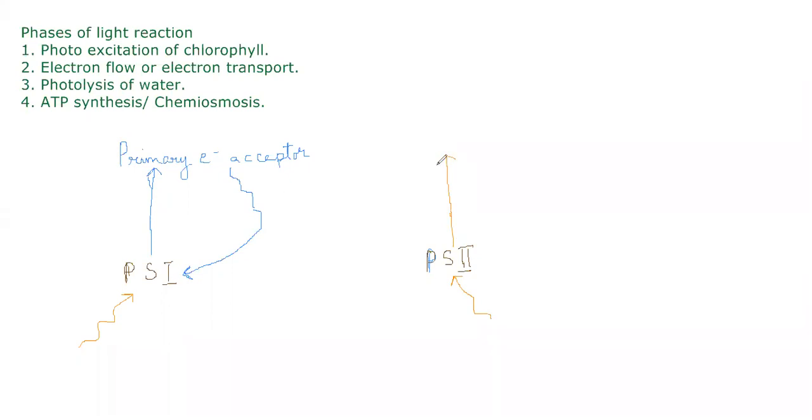But from this primary electron acceptor they do not return back to PS2; rather they enter photosystem first. Again, here there should be a primary electron acceptor.